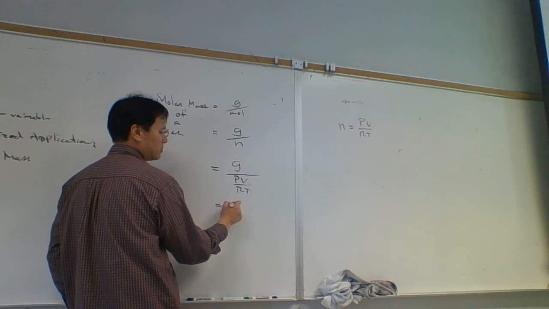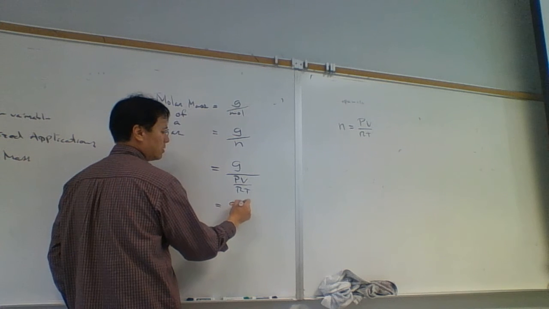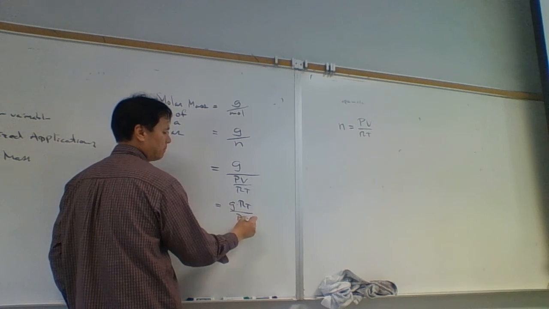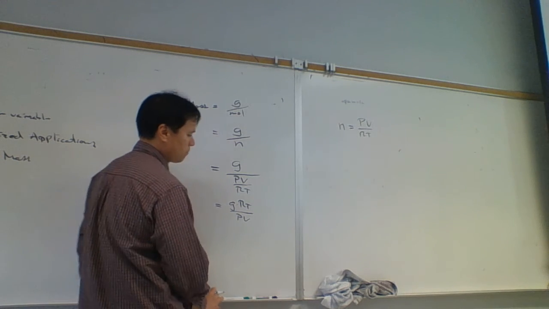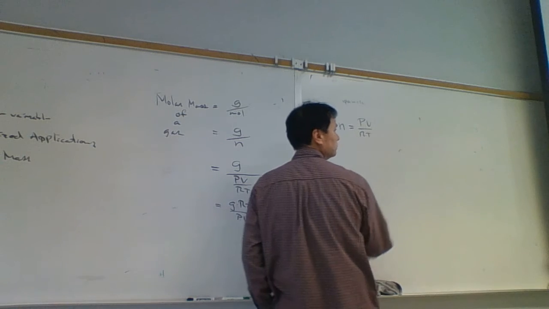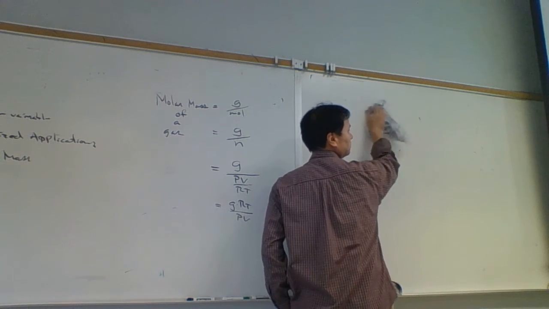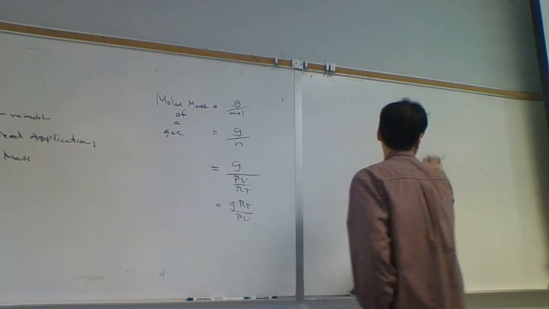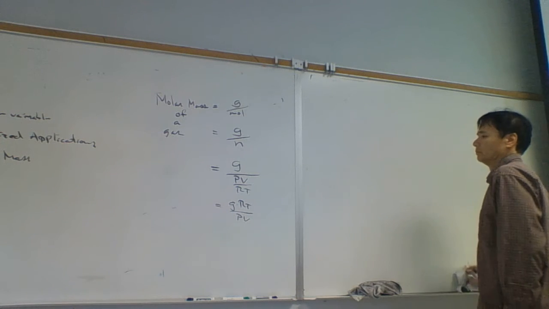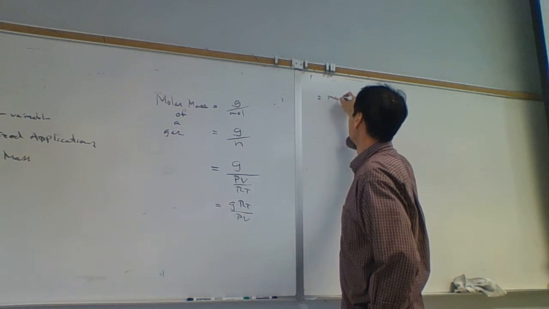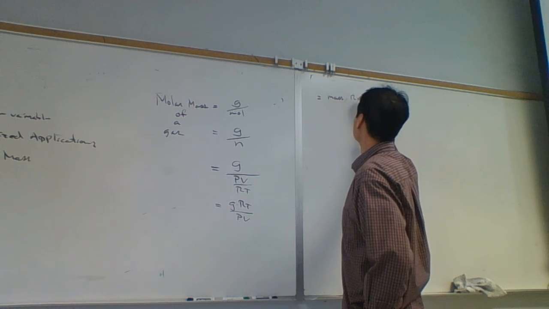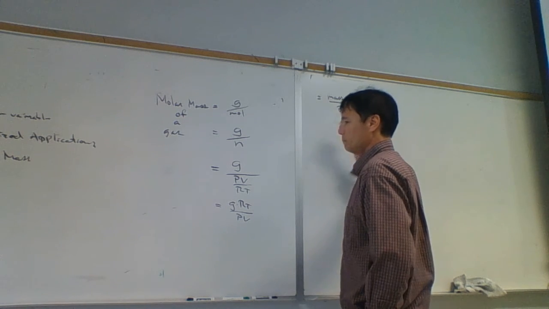What we get is the grams times RT over PV. And grams is just the mass. So this is equal to the mass times RT over PV.